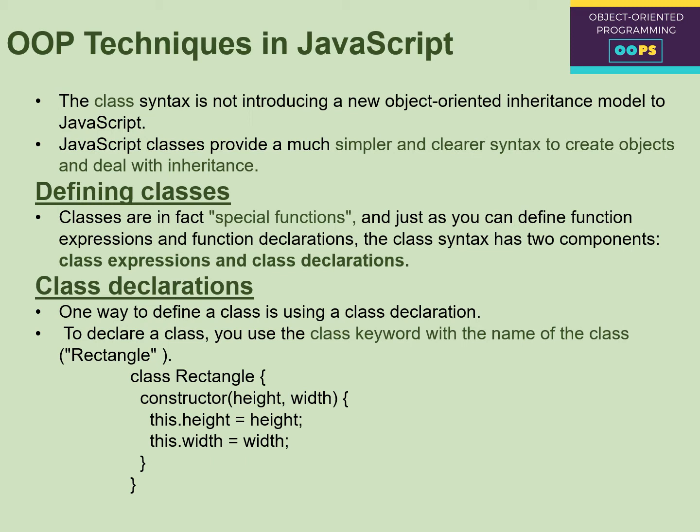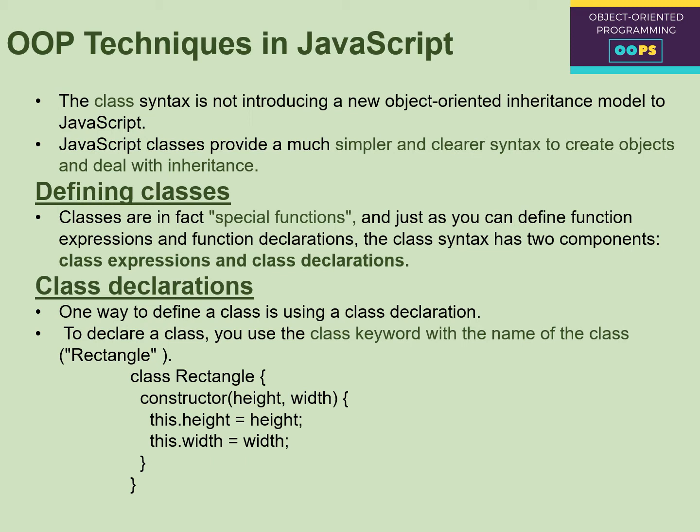Here an example is there: class Rectangle, followed by a block. Inside the block, the first statement is constructor(height, width). Inside the constructor function, this.height = height and this.width = width. So this means that we are creating a class.